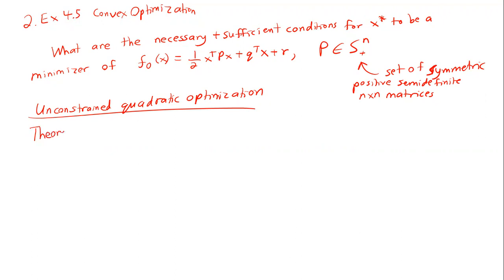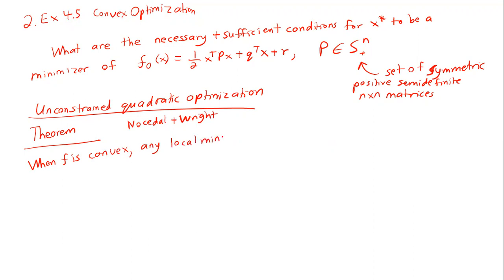So here's a theorem, and this is going to be from Nocedal and Wright. So this theorem states that when f is convex, then any local minimizer X star is a global minimizer of f.